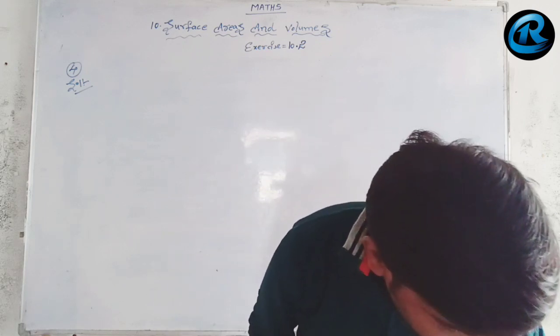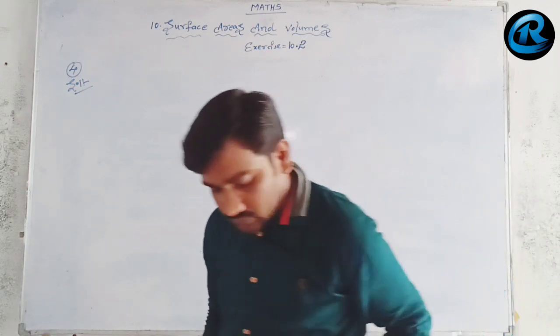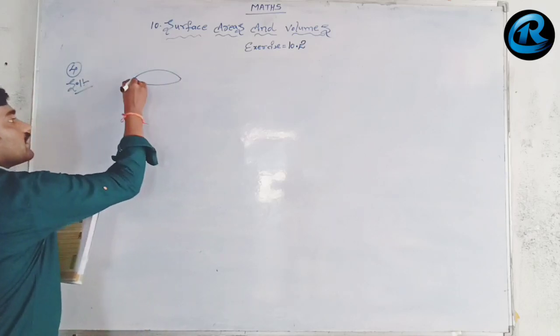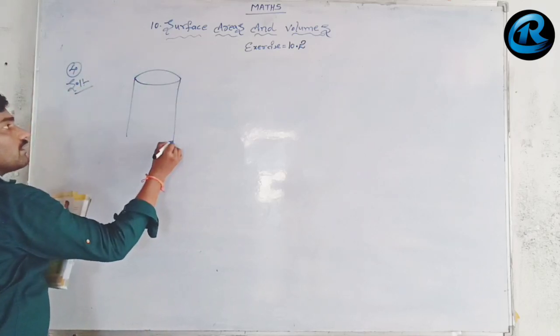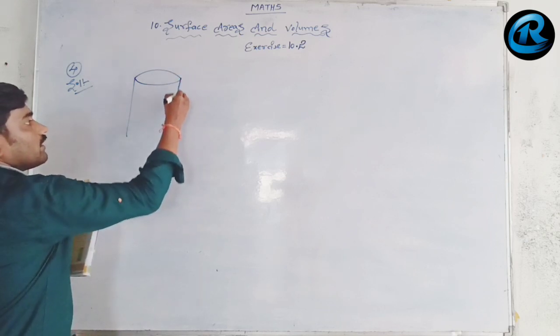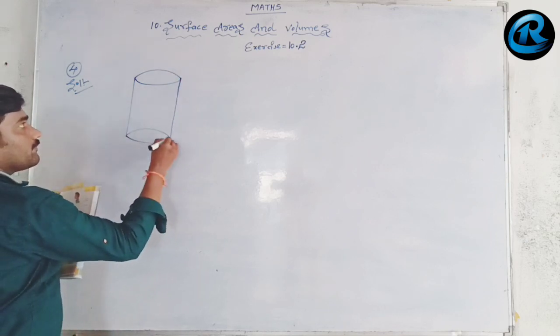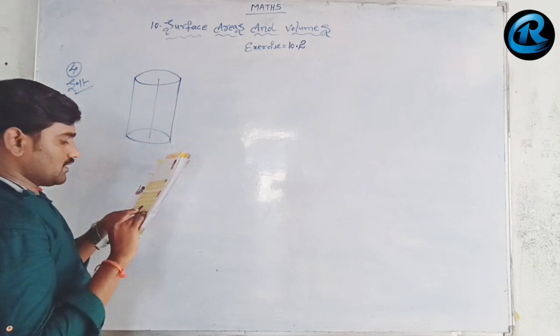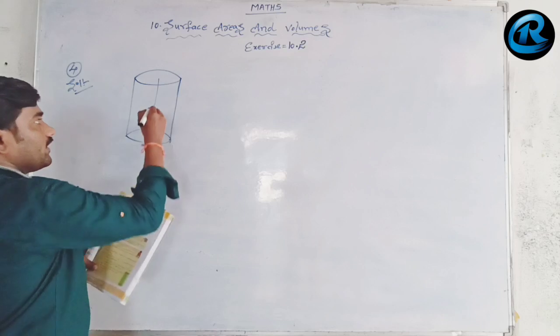Find the height of the tank. So simple. Here, a tank in the shape of a cylinder. The height is not given; we need to find out the height.